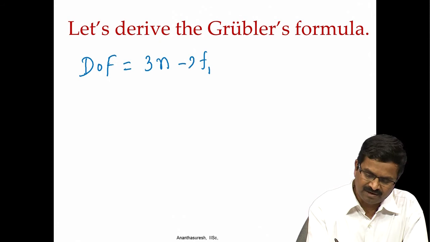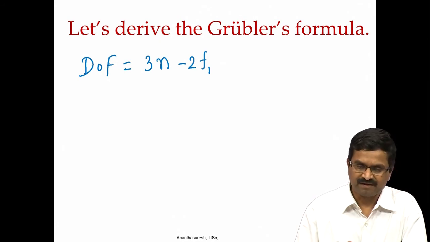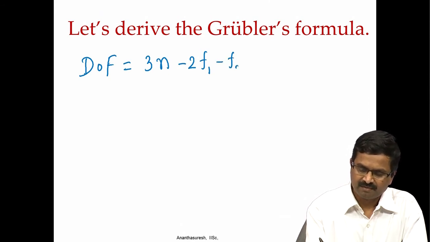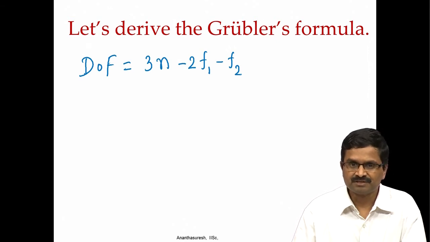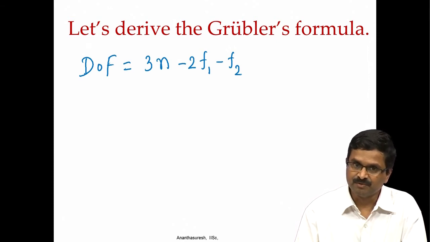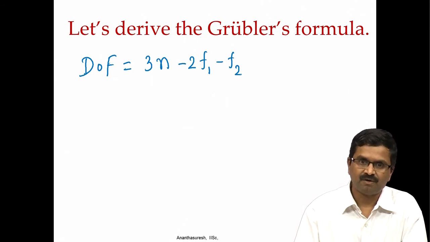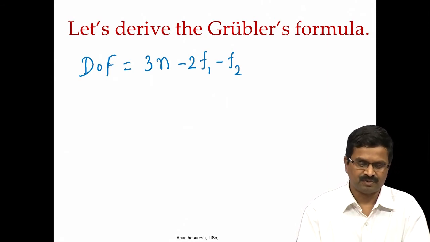So, I have to multiply by 2: 2 times F1, number of 1 degree of freedom joints, then it will be minus 2 F1. Similarly, minus F2, because an F2 joint allows 2 degrees of freedom and hence it removes 1 degree of freedom. So, you have to subtract all of them, minus F2, that is how we get it.